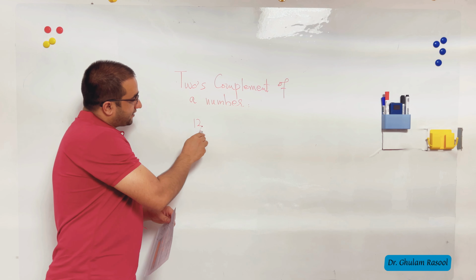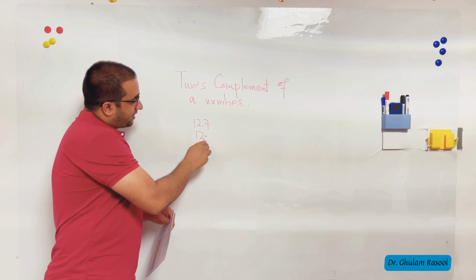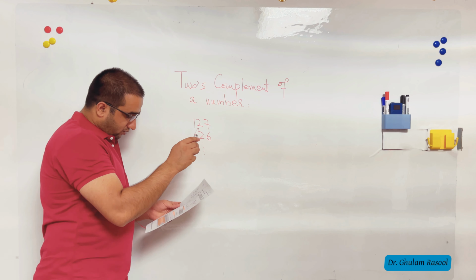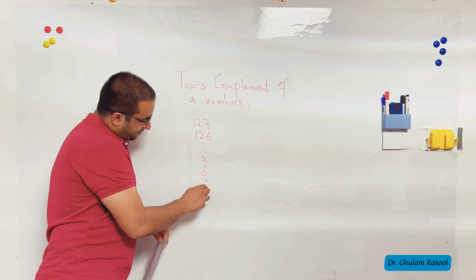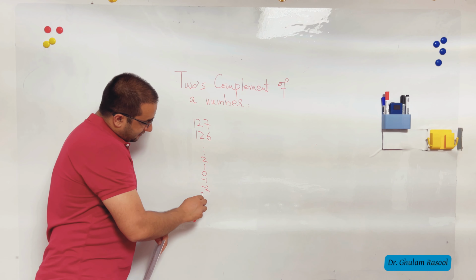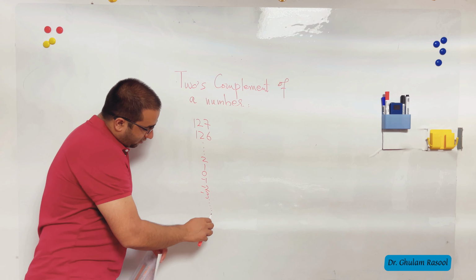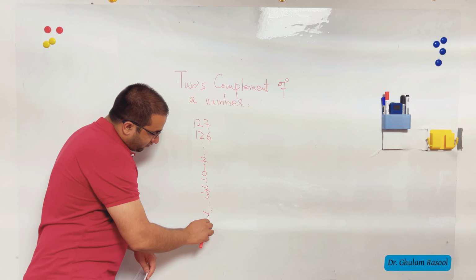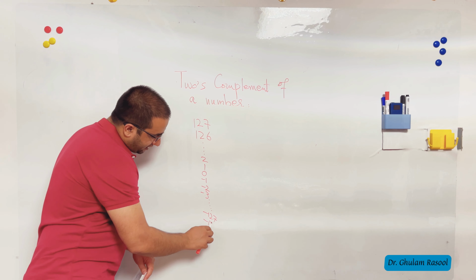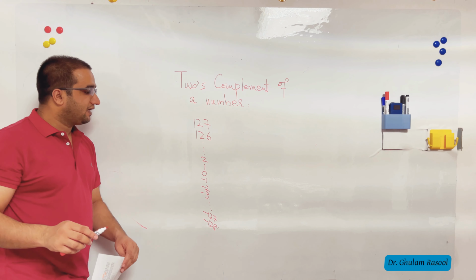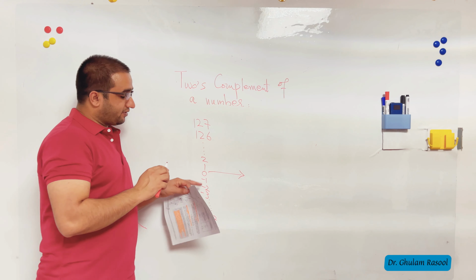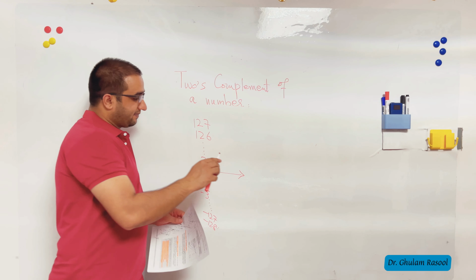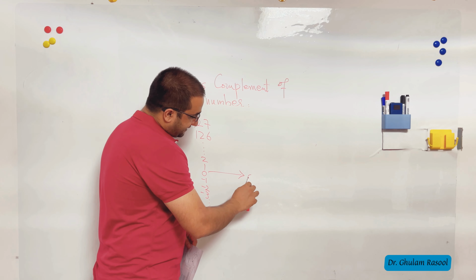Actually your story starts from 127, 126 and goes to 0, and then negative numbers start and go to minus 127, minus 128. You know what is the binary equivalent of 0 in the 8-bit system? It is 8 zeros.